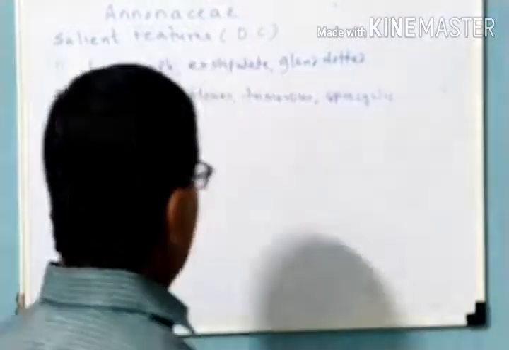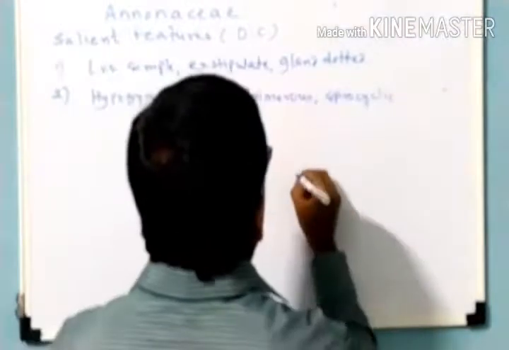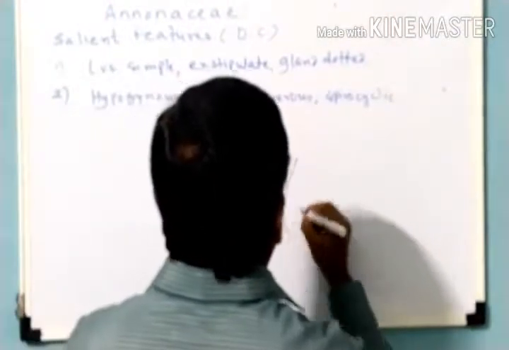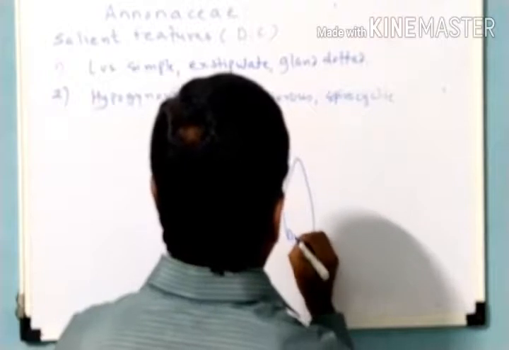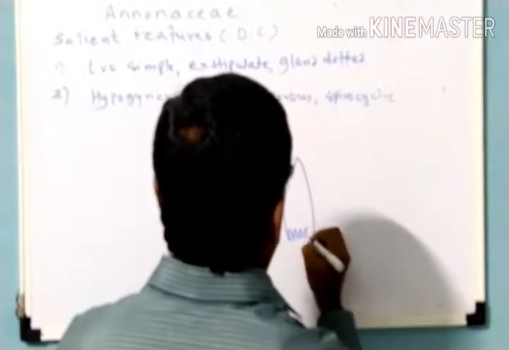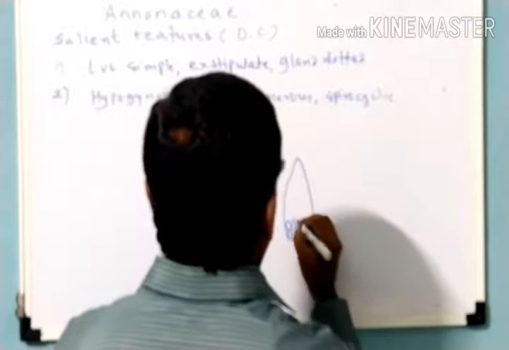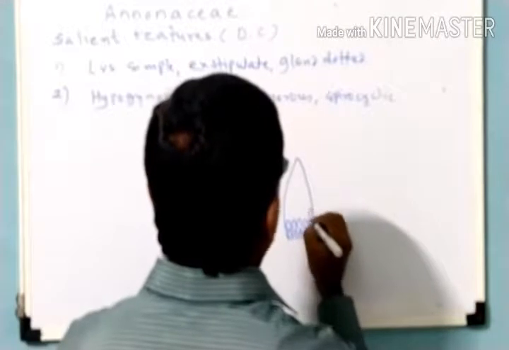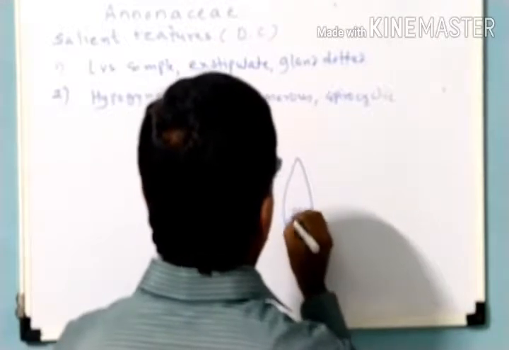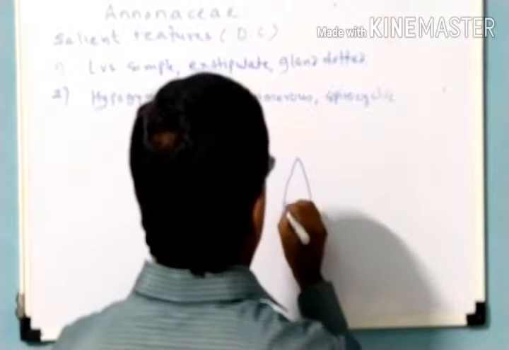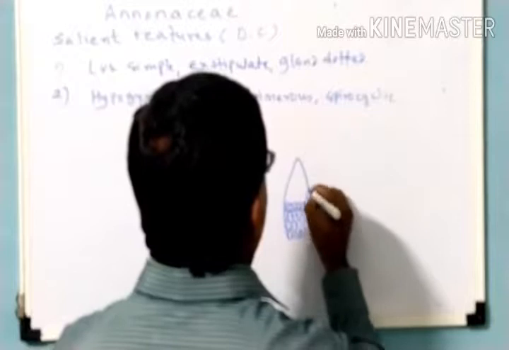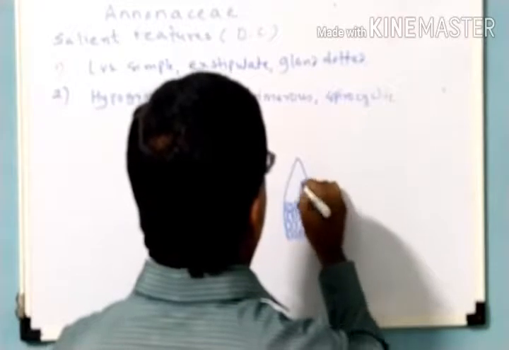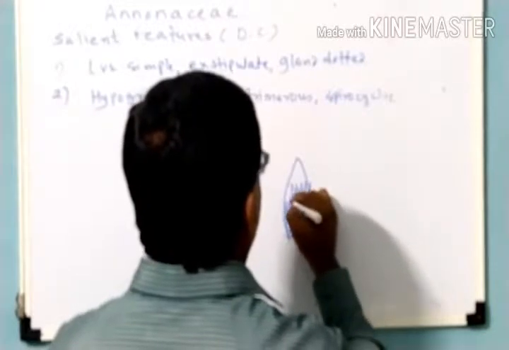And spirocyclic means that, when you see the convex thalamus, the stamens and carpels are arranged in a cyclic manner. You can just see, when the stamens are over, then carpels start appearing in a cyclic manner.